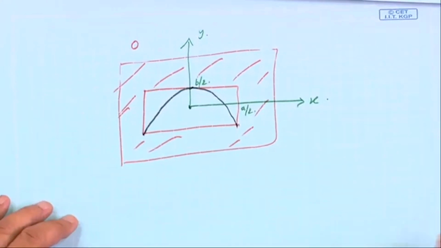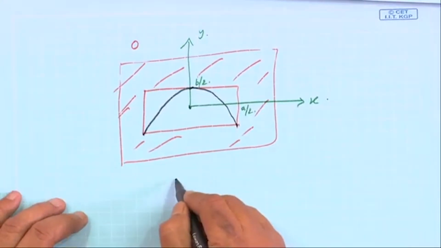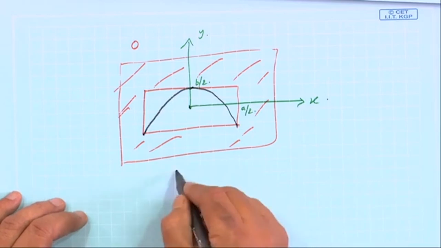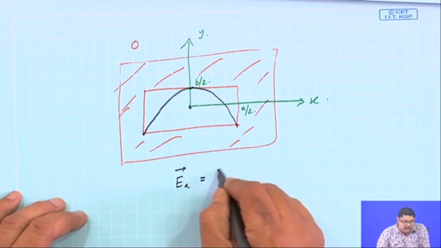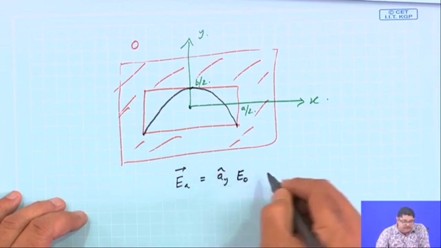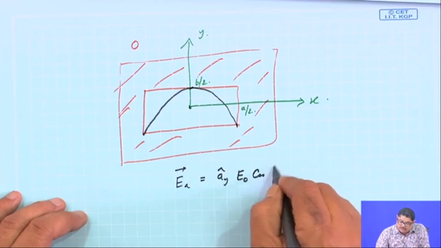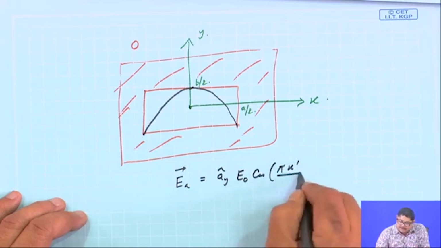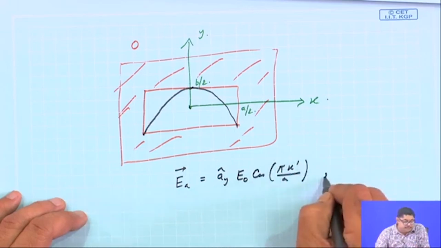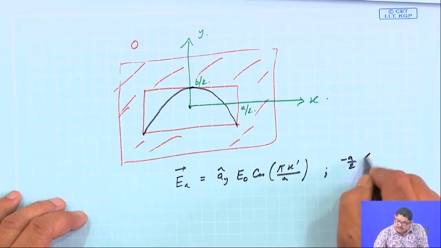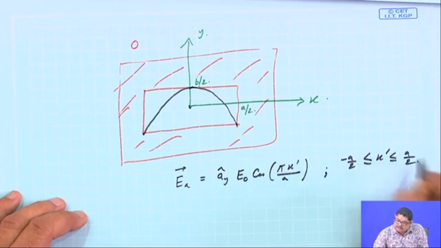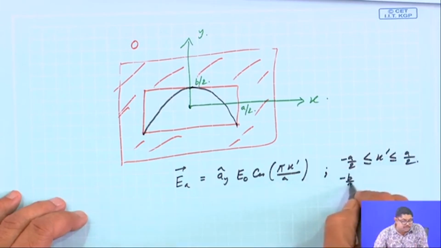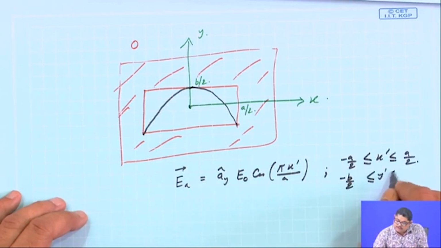We assume that the aperture field E_A is y directed and having that TE10 mode pattern, cos(pi x'/a) for -a/2 < x' < a/2 and -b/2 < y' < b/2.